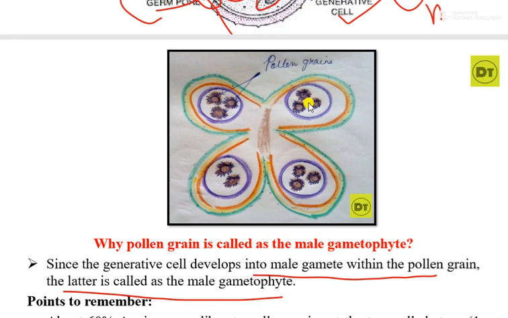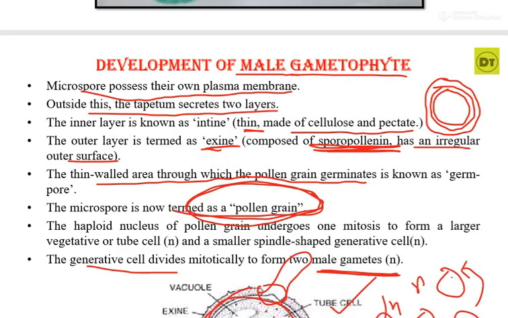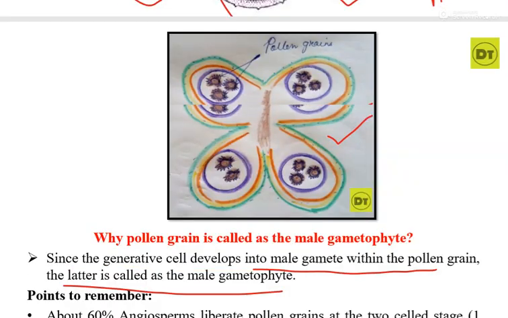The microspores of the tetrad separated, and that was the last stage of microsporogenesis. Now the microspores are modified, and they now form pollen grain. So the structure will be like this. So this was about the development of male gametophyte, and I hope that it is clear to you all.